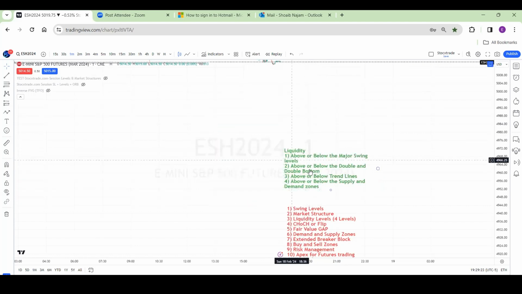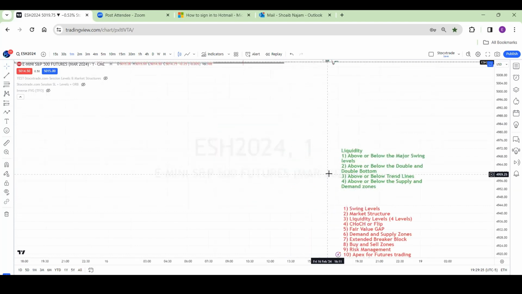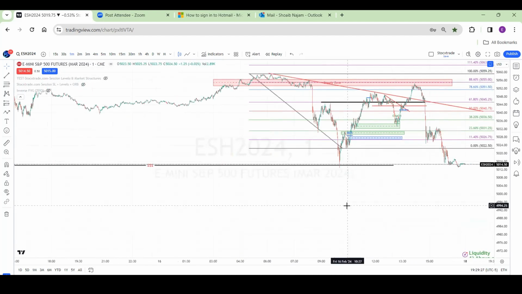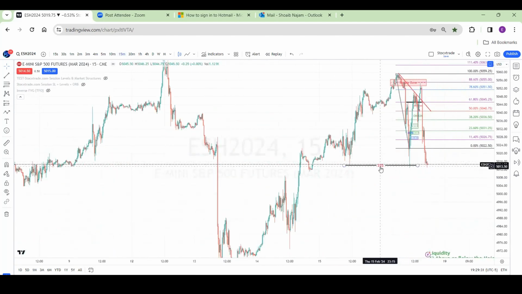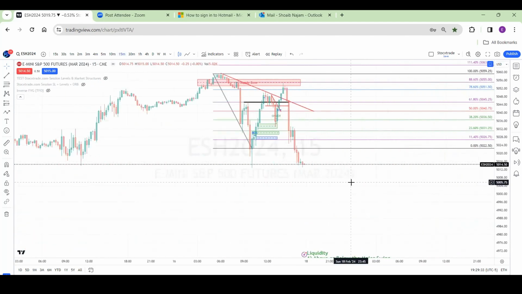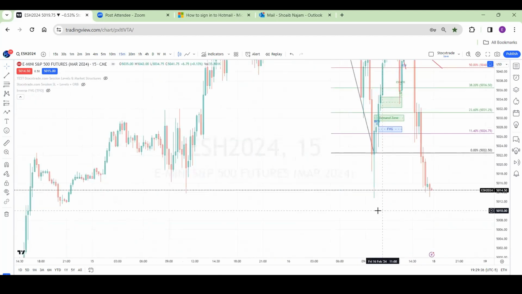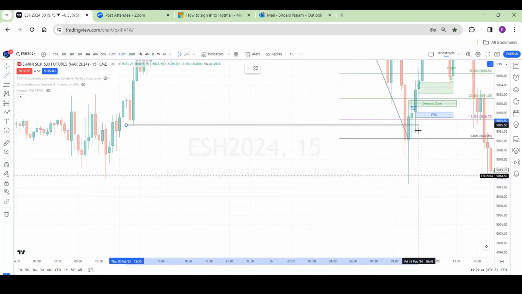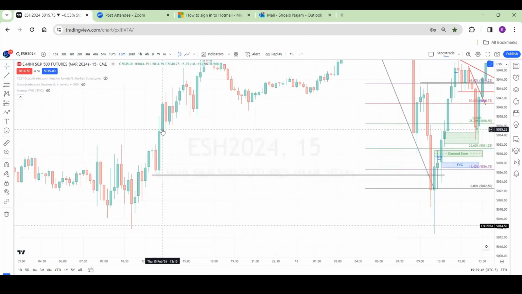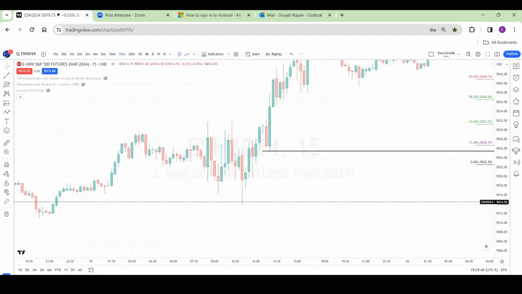So what does it mean? This is a 15-minute chart. The retail traders want to put their stop loss below this level, because it seems the market tried to go up and then came down.